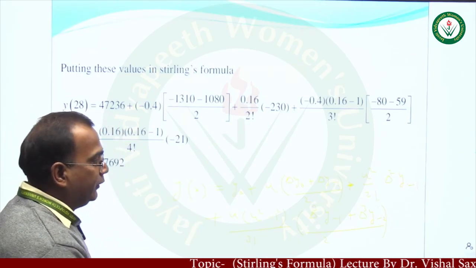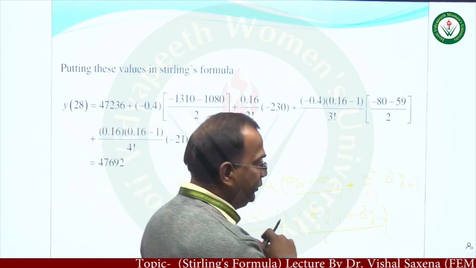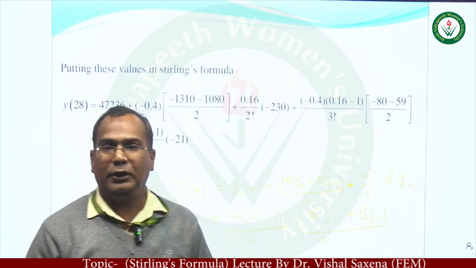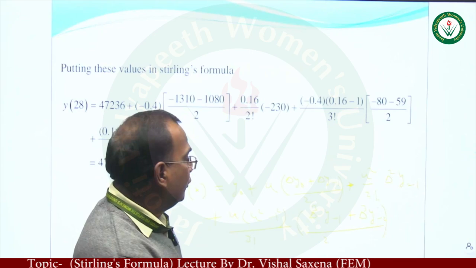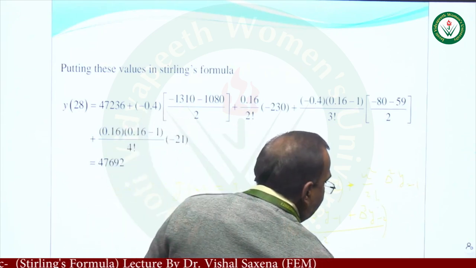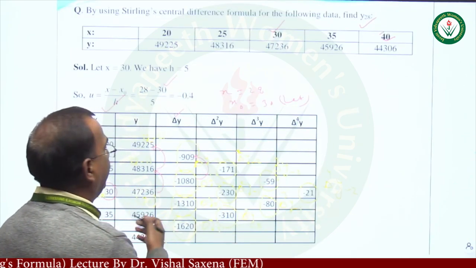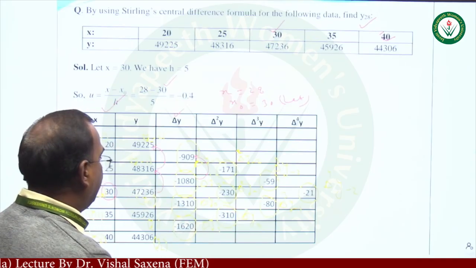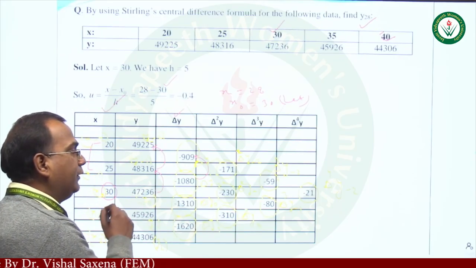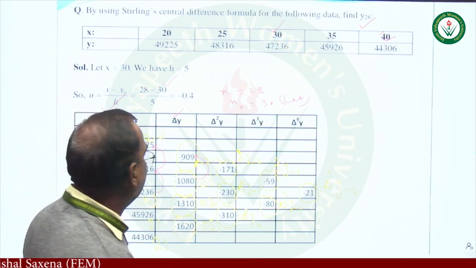So just we see these values here, and in this way this formula can be applied. In the previous slide we have seen what the value of y naught is. The value of y naught is 47,236.